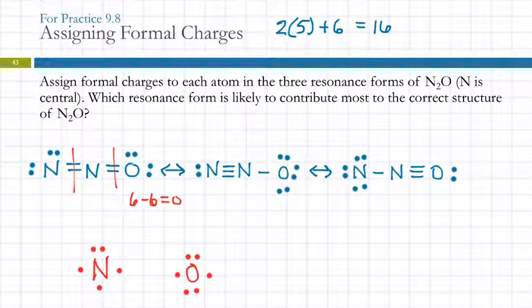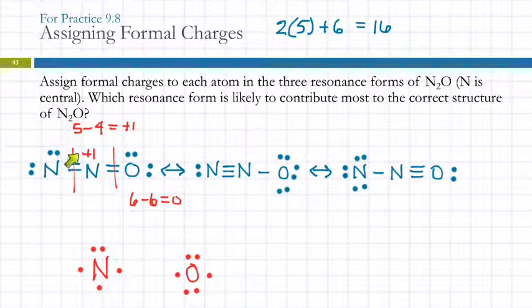The nitrogen in the middle, how many valence electrons does nitrogen have? It has 5. For this nitrogen, when we break up this molecule, how many electrons is it going to take with it? 4. 5 minus 4 is a positive 1. So this has a +1 formal charge.